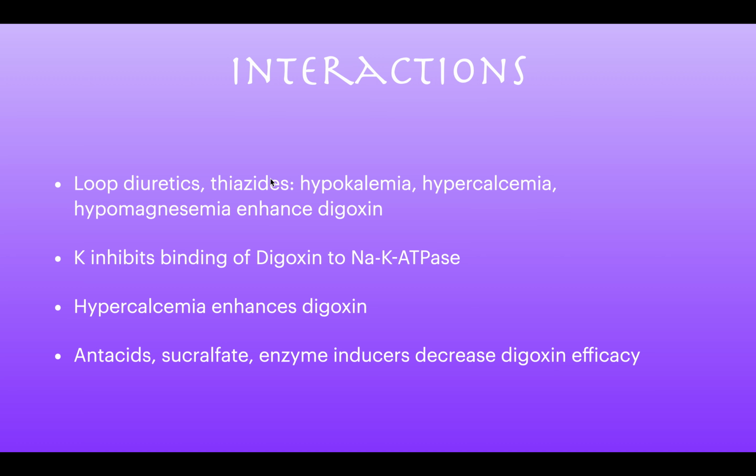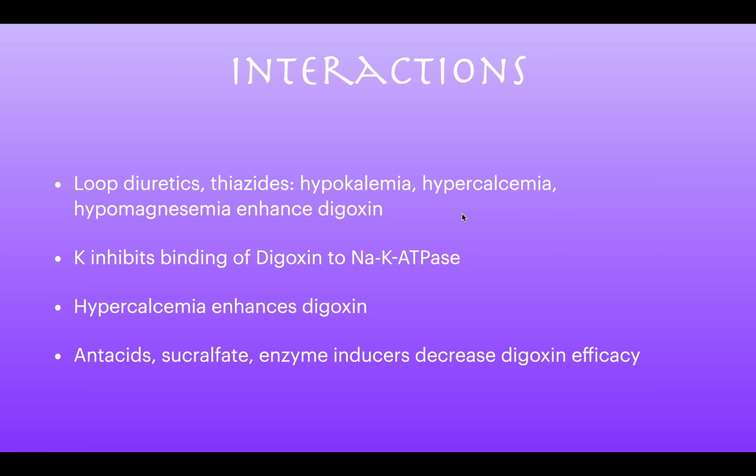So a thiazide will increase the calcium, and all that's going to lead to a heart attack, really. So that's bad. Potassium, on the other hand, will inhibit binding of digoxin to the Na-K-ATPase enzyme, so it's going to decrease the efficacy.